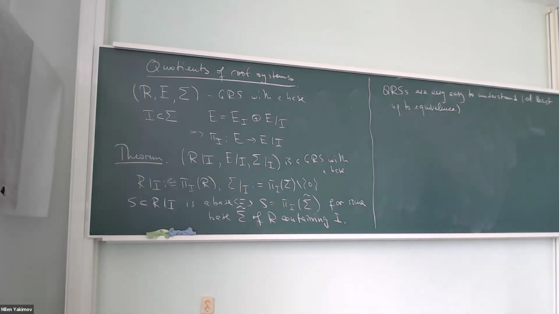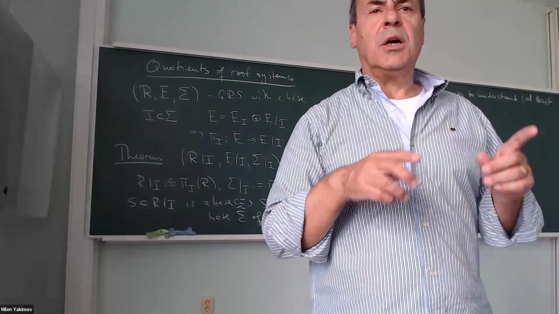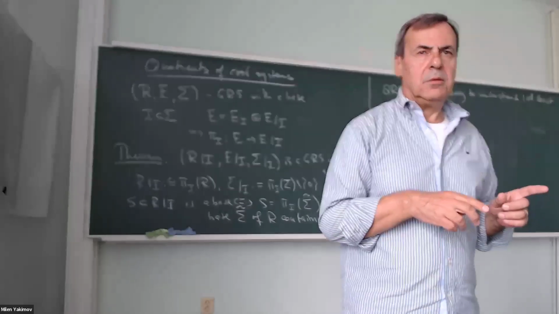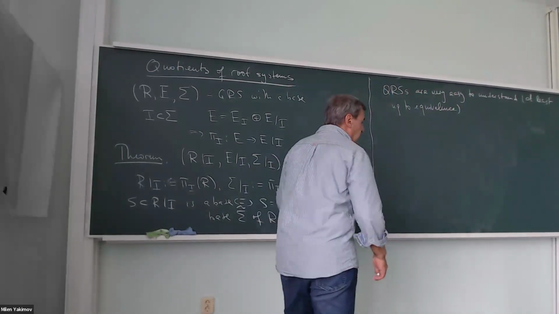Up to equivalence means I care about the fine structure, when the sum of two roots is a root and so on, but I don't care about the orthogonality properties and angles.